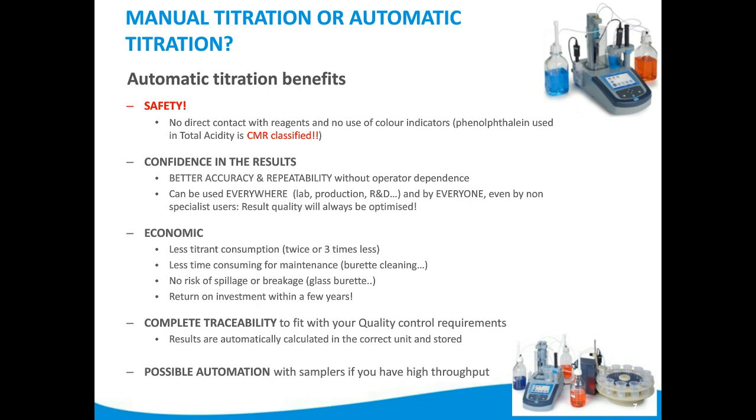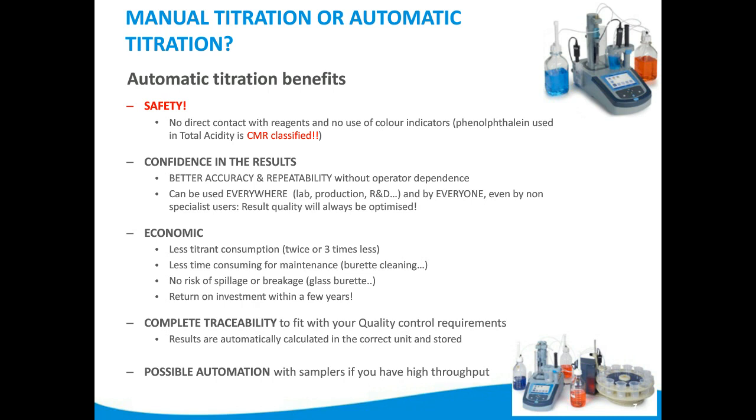And also, with an automatic titrator, you can have a real confidence in the results because the accuracy and the repeatability are better than with manual titration, and it can be used everywhere and by everyone, even by non-specialist users. The result quality will always be optimized.